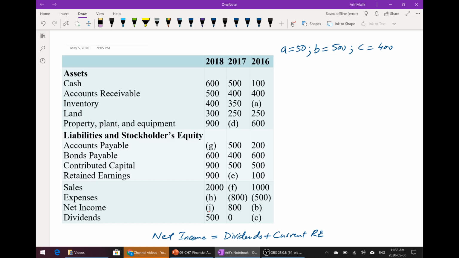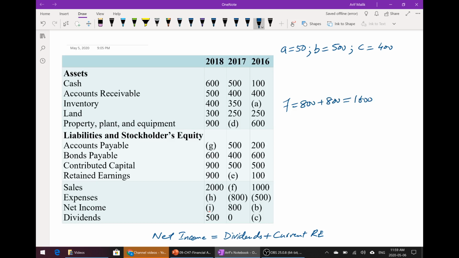So let's work out F first. F is equal to net income plus expenditures, which will give us the sales. So we have 800 plus 800, which will give us the revenues or sales, which is 1600. F is known.